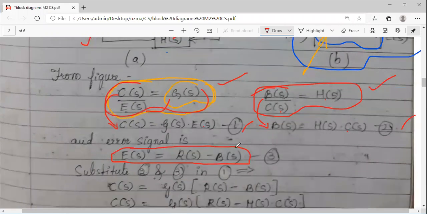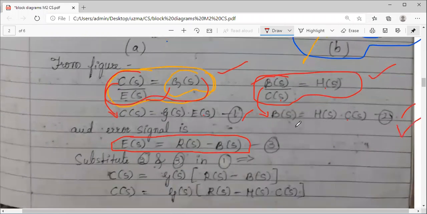Now what I will do is substitute both this B of S and E of S values in equation 1. So what is equation 1? It is C of S is equal to. Now you may ask, I can have some other substitutions also. Why have I chosen equation 1 only? We have got equations 1, 2 and 3. So why am I substituting 2 and 3 in 1?